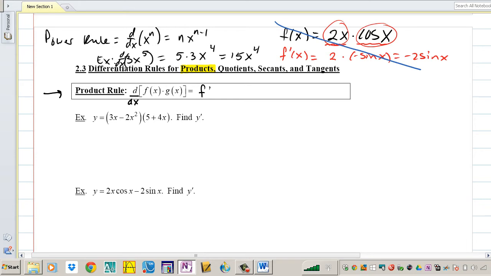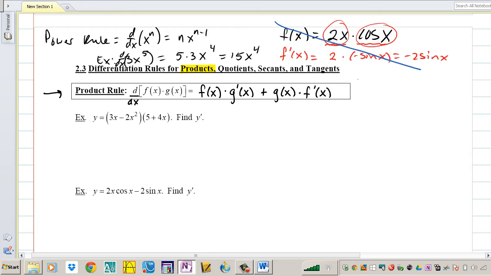You keep the first function, you multiply it by the derivative of the second function, plus the second function, or the original function, times the derivative of the first function. So the product rule just says take the first function, multiply it by the derivative of the second, plus the second, multiply it by the derivative of the first.